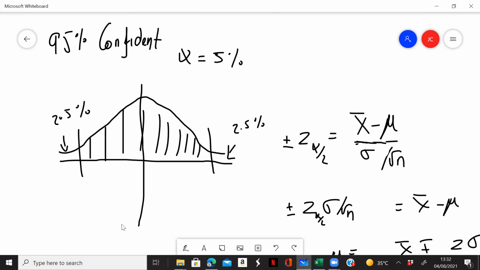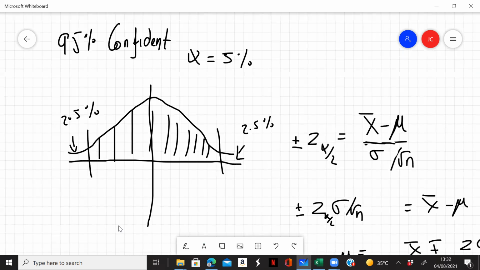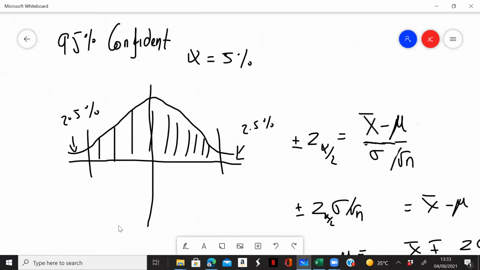What we mean here is this: my sample is representing 95% of the cases in the population, but my alpha, 100% minus 95%, is 5%, which means you are letting 5%, or 2.5% on each side, uncertain, uncovered in the population.